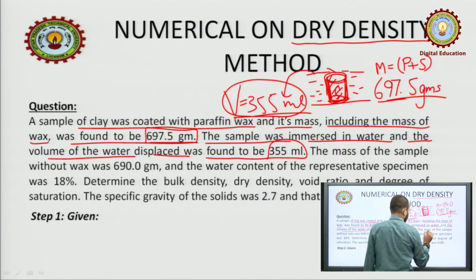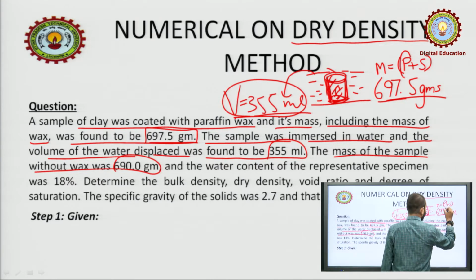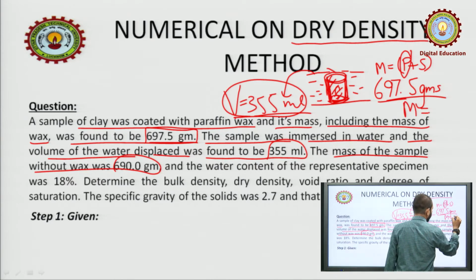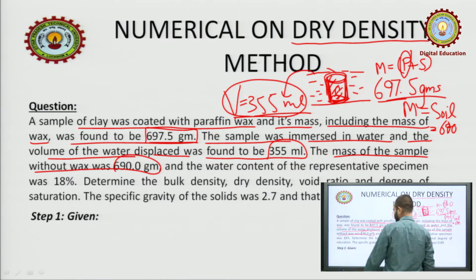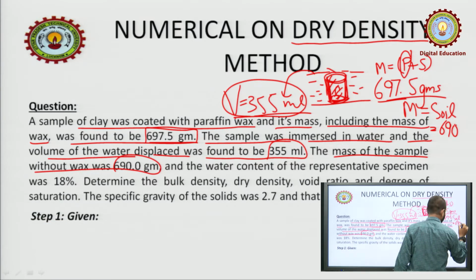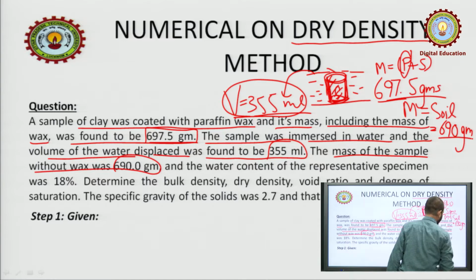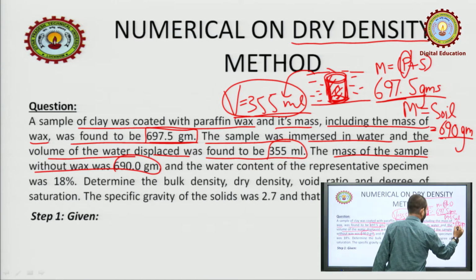And then the mass of the sample without wax was 690 grams. This was with paraffin wax, and now without paraffin wax, that is only soil, it is given to be 690 grams. So this is the total and this is for soil only.